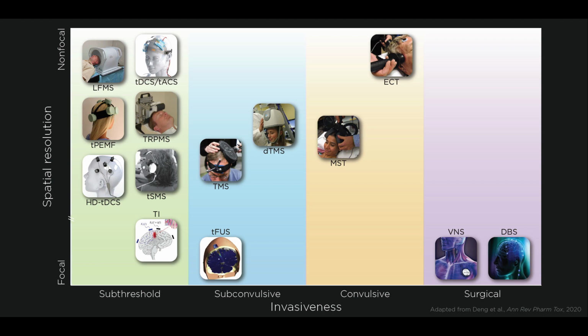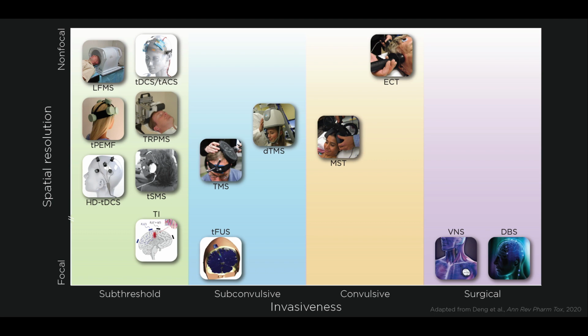The surgical techniques include vagus nerve stimulation and deep brain stimulation. These have to do with implantation of electrodes in the brain and installation of the battery pack in the patient's chest area to provide focal and chronic stimulation in the brain and in the vagus nerve.